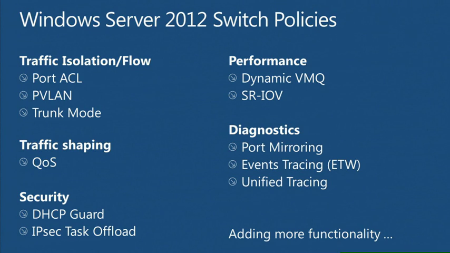We've put in some traffic shaping capabilities, QoS, specifically bandwidth caps and bandwidth minimums. And we have the ability to do QoS as either an absolute bandwidth or as a percentage, a weight.